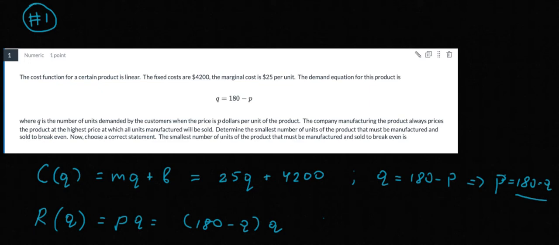Let's now recall what the break-even point is. The break-even point is the point at which the manufacturer recovers completely his or her costs, but does not make any profits. So in other words, at the break-even point, the cost equals the revenue.